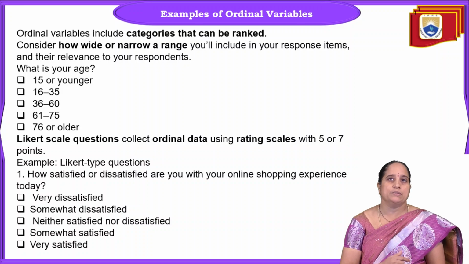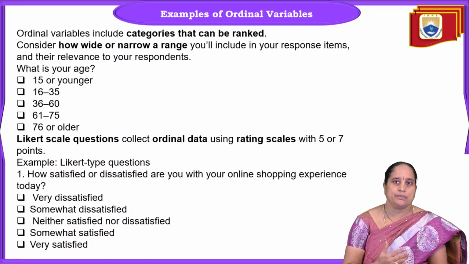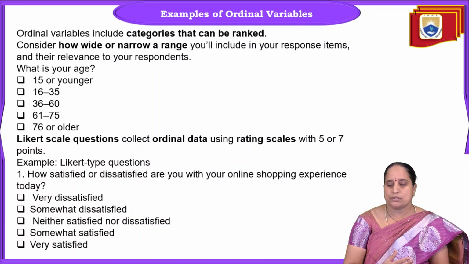Coming to ordinal variables. Ordinal variables include categories that can be ranked. For example, if you are going to consider how wide or narrow a range, then we'll include certain responses. For example, if you're talking about age, what is your age? We used to categorize age: 15 and above, 16 to 35, 36 to 60, like that we can categorize. Likert scale questions collect ordinal data using rating scales with 5 or 7 points.